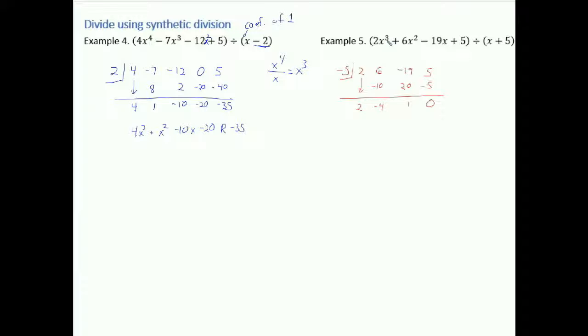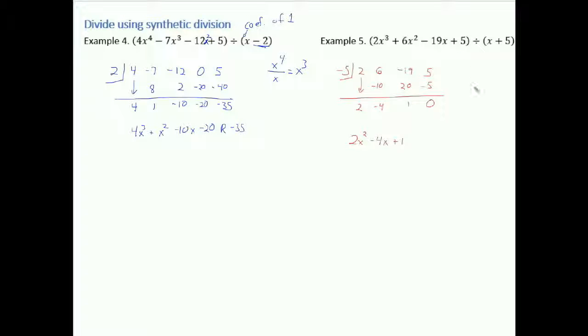It's 1 level lower than an x cubed, so this is going to be 2x squared minus 4x plus 1. Now, this is interesting. We have a remainder of 0, so we don't need to put anything. But if we remember from division, if we have a remainder of 0, this was actually a factor.